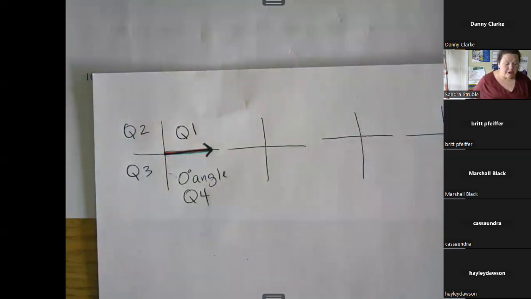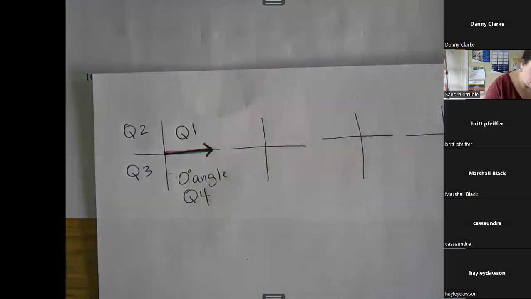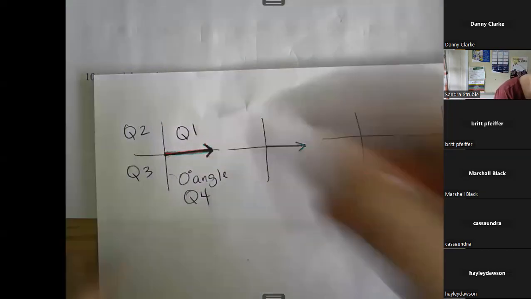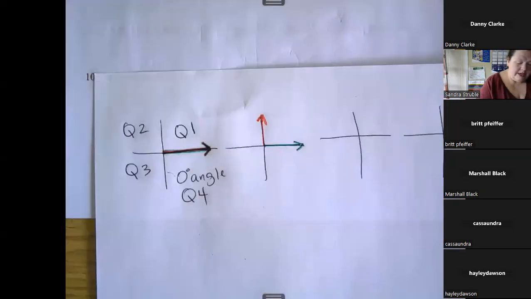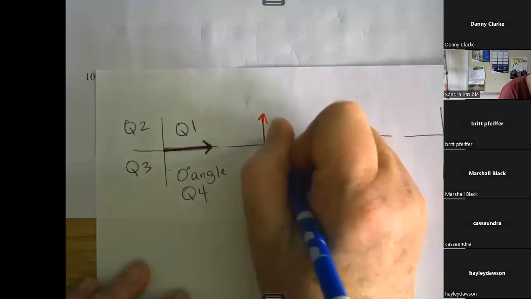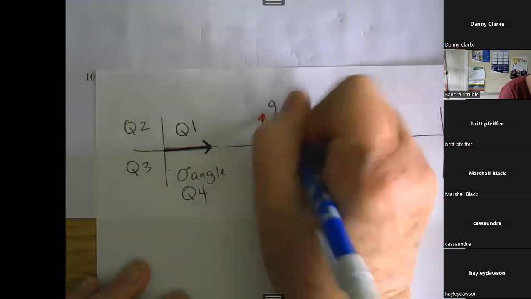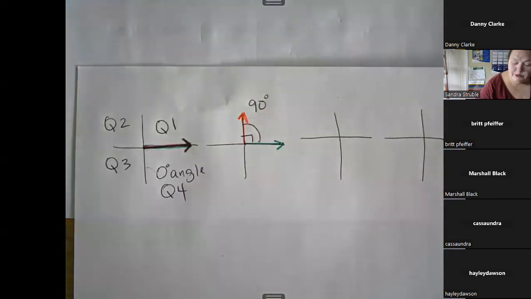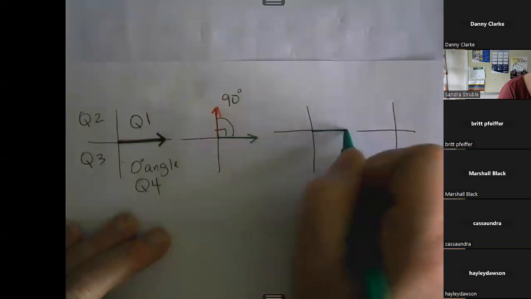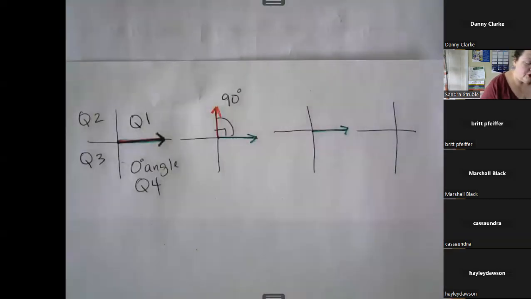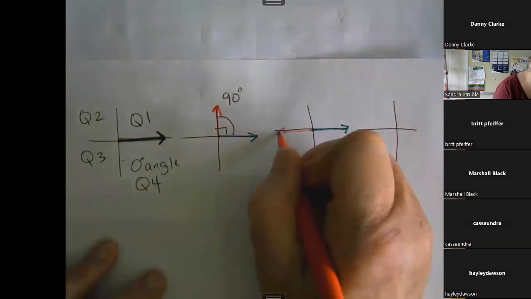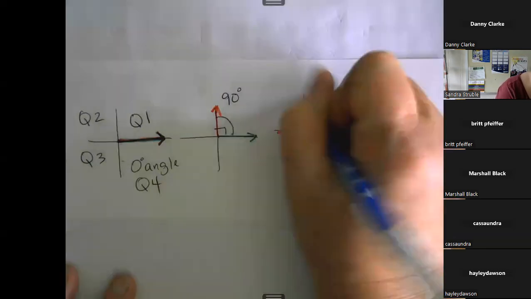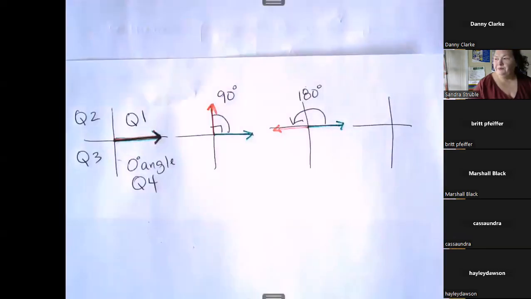I also want to talk about, we just did the 90 degree one. So if my initial side is here and my terminal side is here, then that creates my 90 degrees. So this is a 90 degree angle. Okay. 180 degrees is where you've got your initial side here, and you've got your terminal side over here, which creates 180 degrees or a straight line.